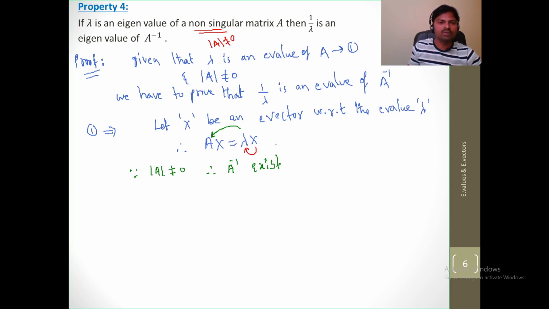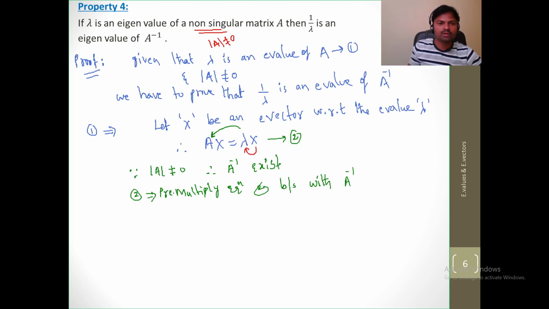The next step, assume this is number 2. From 2, multiply equation number 2 on both sides with A inverse. Pre-multiply.